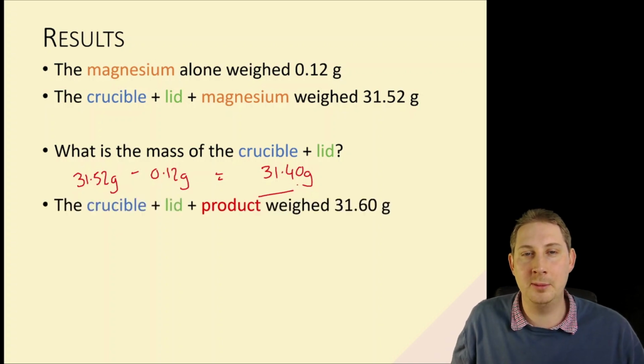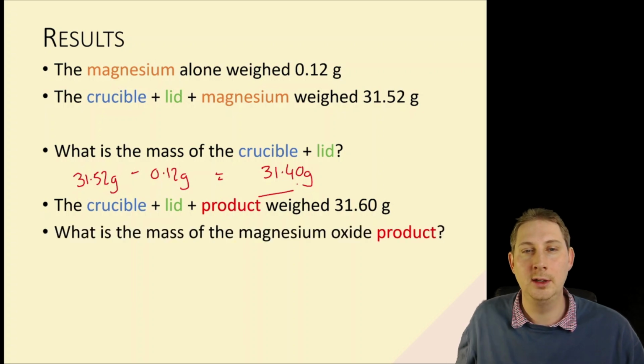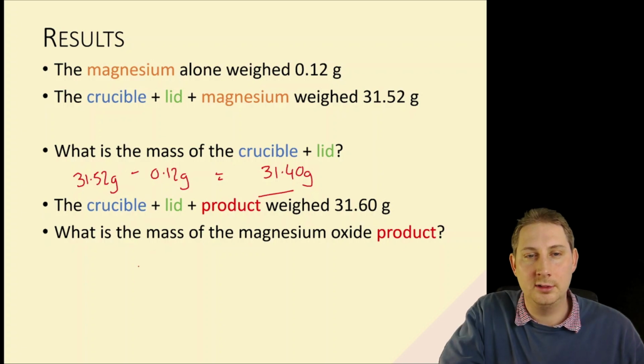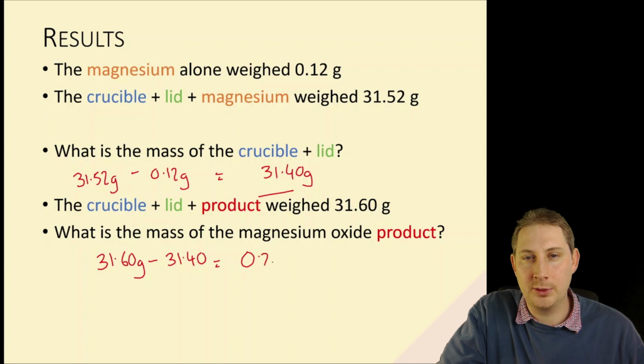At the end of the experiment, the crucible plus the lid plus the product weighed 31.6 grams. So what was the mass of the product? Well, if the crucible plus lid plus product weighed 31.6 grams, then taking off the mass of the crucible and lid means that the product weighed 0.20 grams.